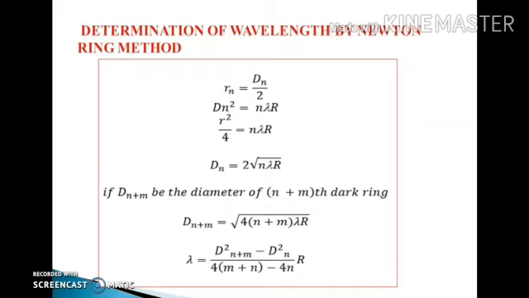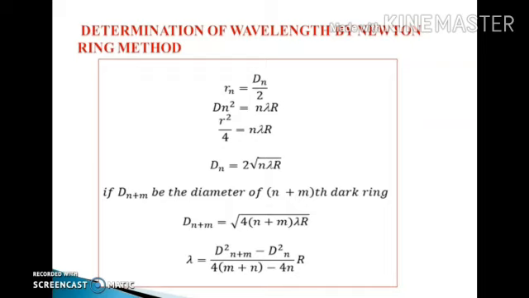In order to find out the value of lambda, we just have to know the value of r, the radius of curvature of the plano-convex lens that we have used. We will put the value of r, and we have already obtained the values of dn and dn plus m. By substituting all the values in this formula, we can find out the value of lambda.